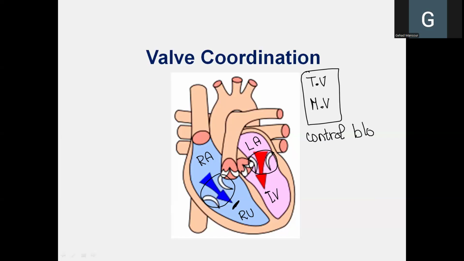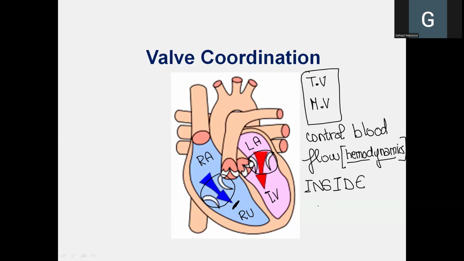So they control blood flow, or sometimes instead of saying blood flow, we say hemodynamics. Hemodynamics is the same, because hemo means blood and dynamics means movement. They control blood flow or hemodynamics inside the heart.